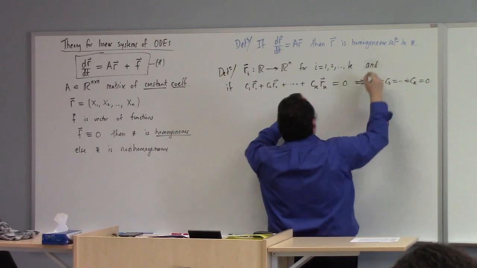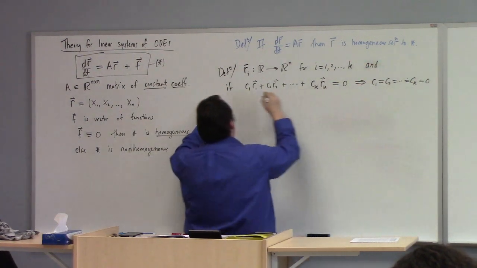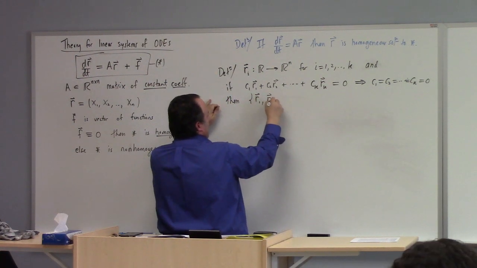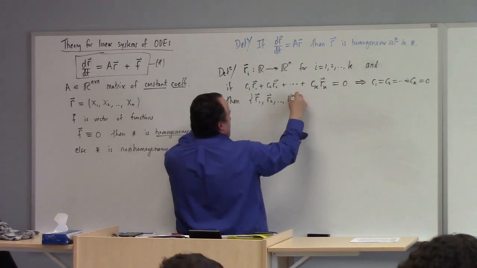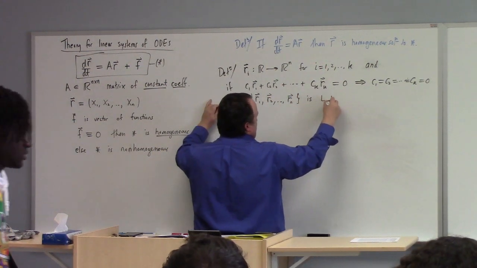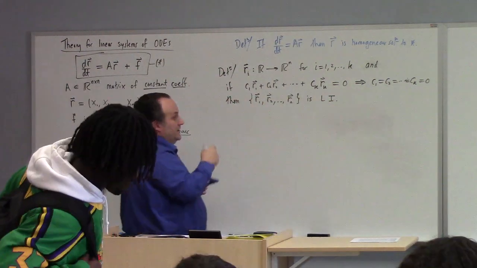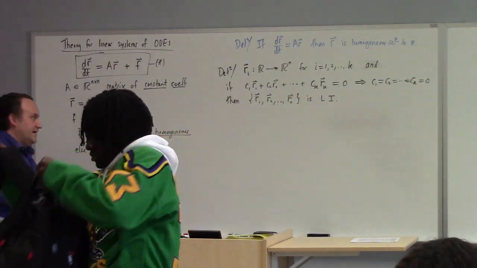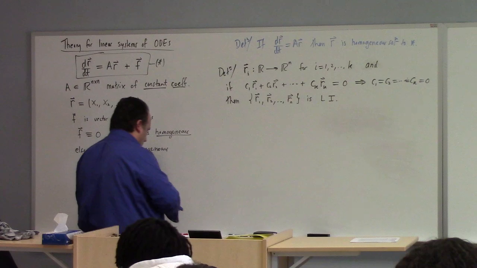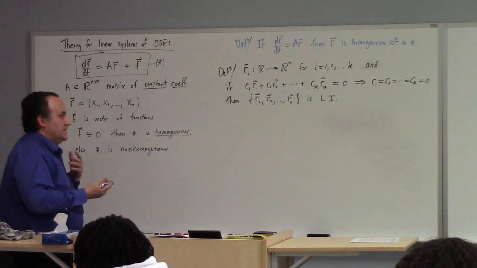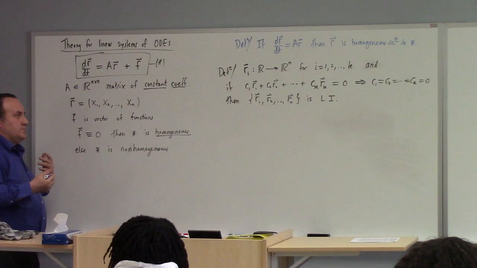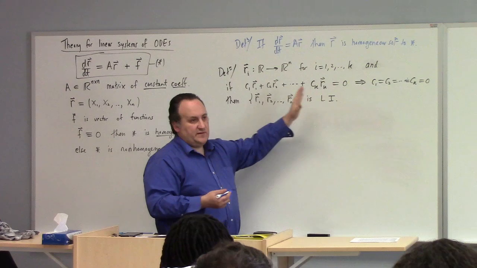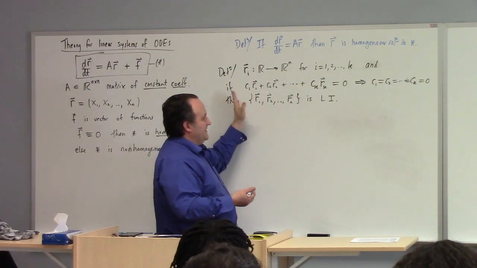And if this implies that, then the set R1, R2, Rn is linearly independent. All right. So we can consider linear independence of the vectors of functions. So, to be more fussy, we're talking about a linear combination of functions. So you should understand we could add a t dependence here.